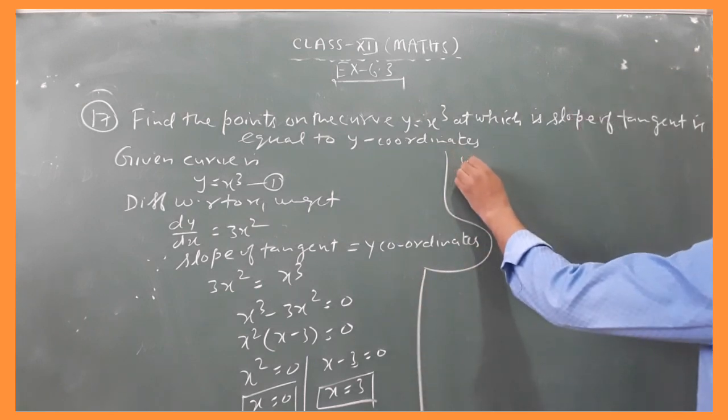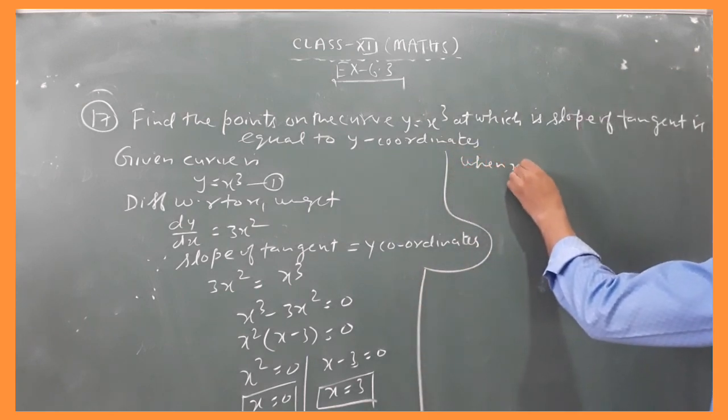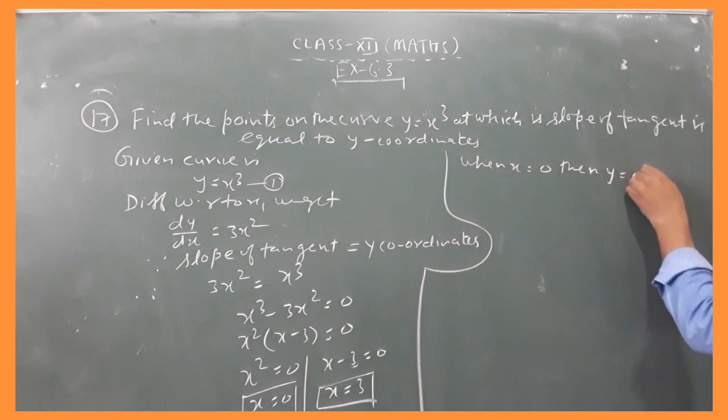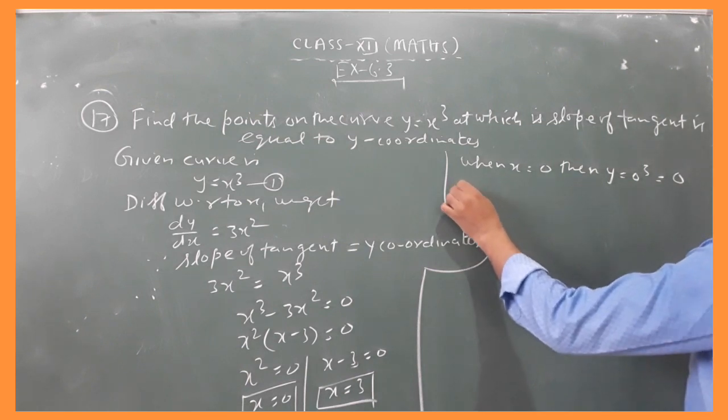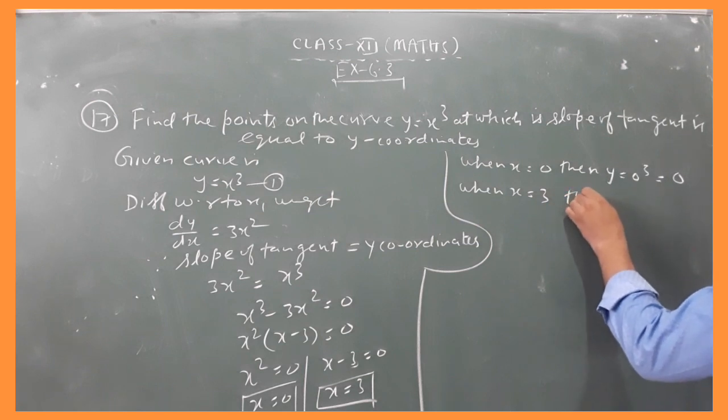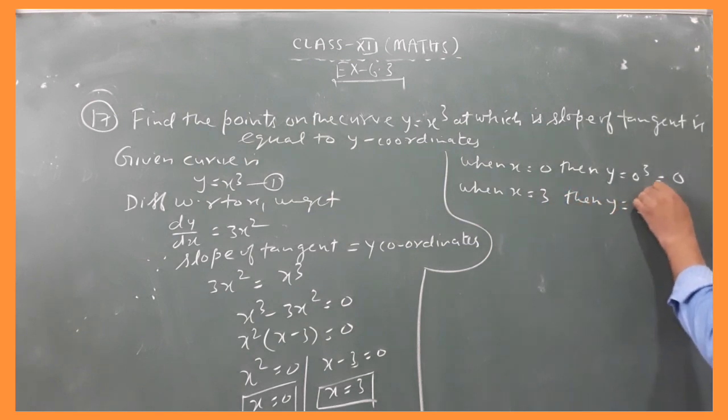When x is equal to 0, then y is equal to 0 cube is equal to 0. When x is equal to 3, then y is equal to 3 cube is equal to 27.